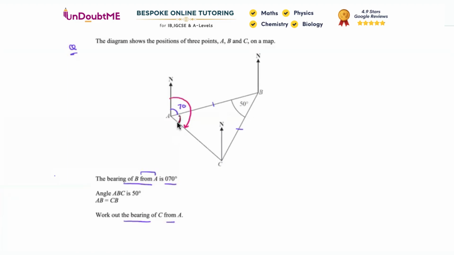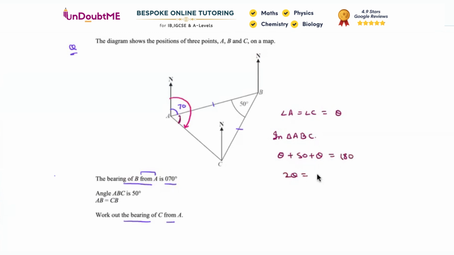And for that, we can use the isosceles triangle property. In an isosceles triangle, the angles opposite to equal sides are equal. So I can say angle A and angle C will be equal, and let them be theta for a while. So in triangle ABC, theta plus 50 plus theta, sum of three angles is always 180.